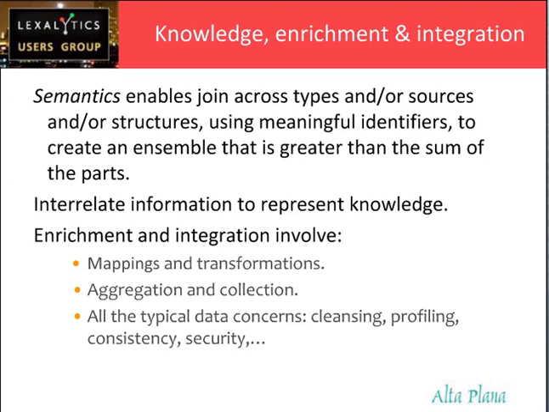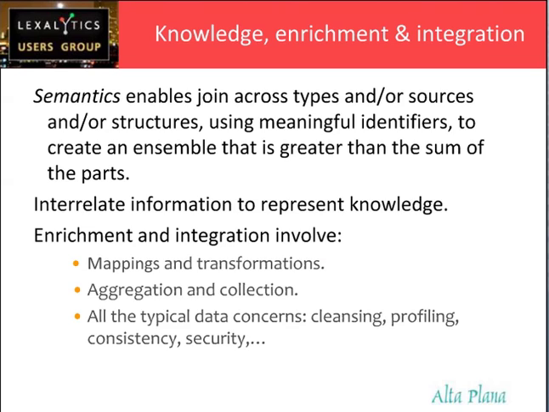So that could be information that's in a relational database with information that's XML structured, with information that is maybe just in free text. Across types, that would be textual information with information that is in a fielded record and so on.